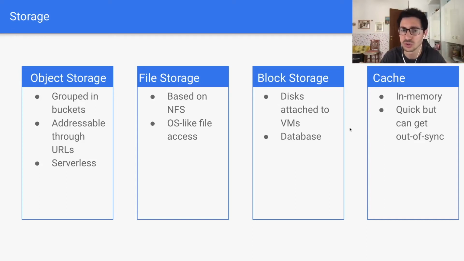In Linux, usually it's 4 kilobytes, but it doesn't have to be. It can be a disk attached to VMs, and these disks can be either persistent or ephemeral. If they are persistent, even if you shut down the machine, the data are still there. If they're ephemeral, the data are gone as soon as you shut down the machine.